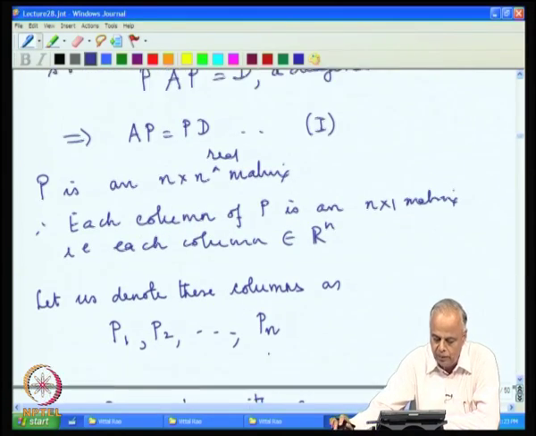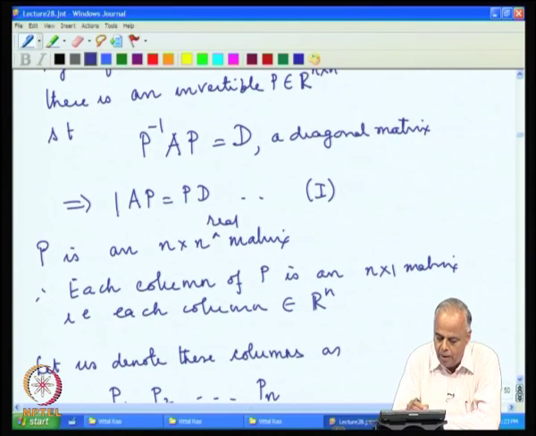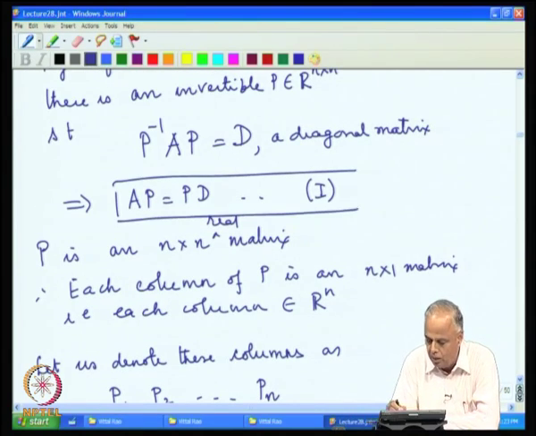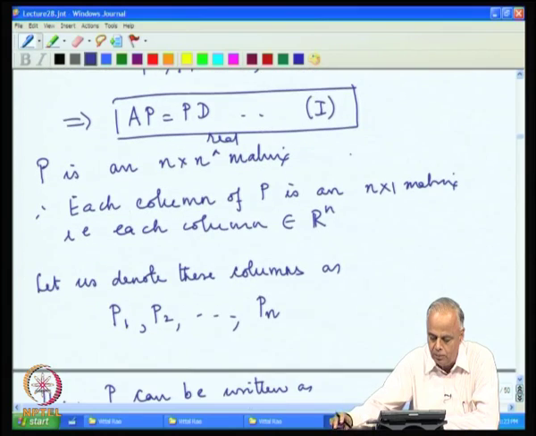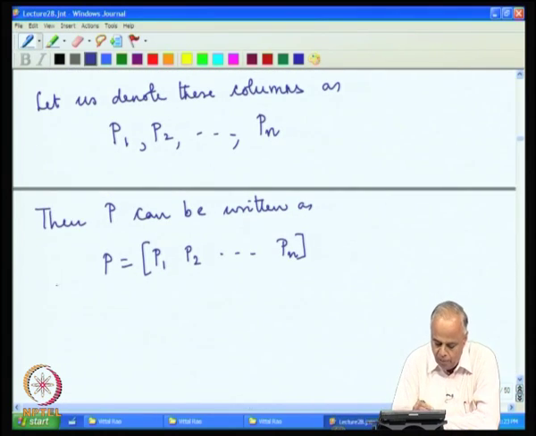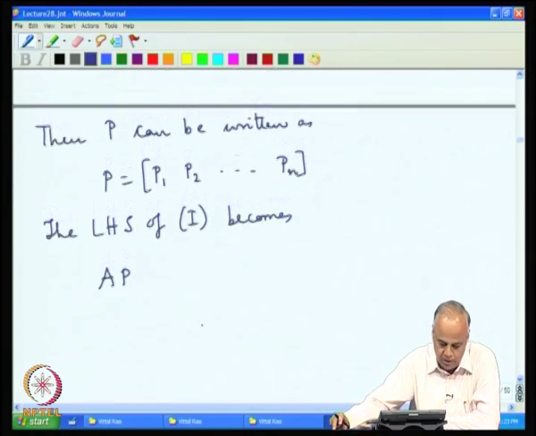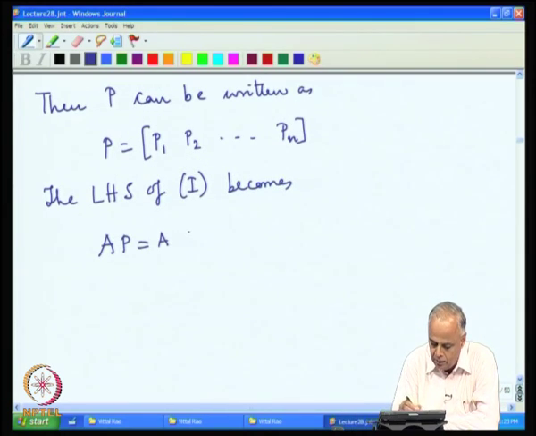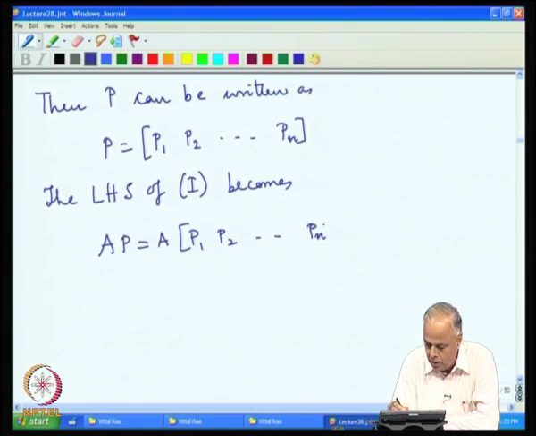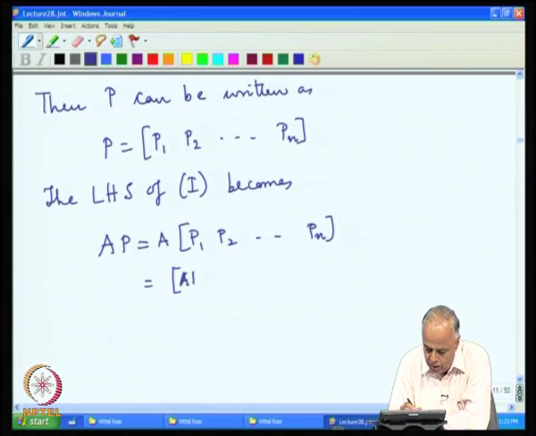So, with this notation let us go back to this equation 1 which says A P equal to P D. The left hand side of 1 becomes A P, which is now equal to A into P 1, P 2, P n. Now, when you multiply the matrix, it just becomes A P 1.